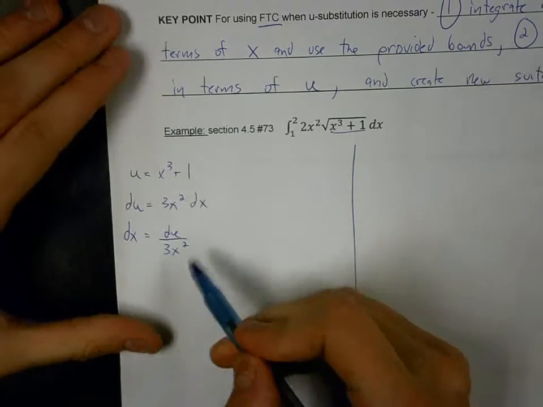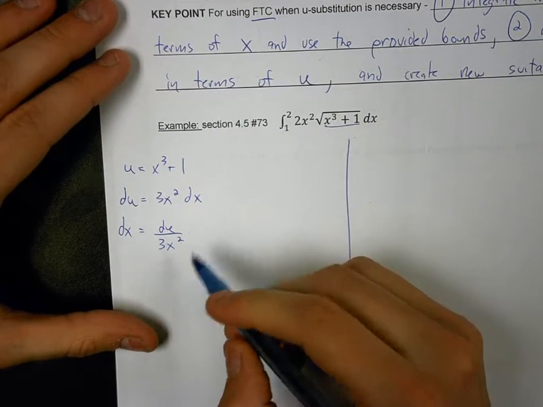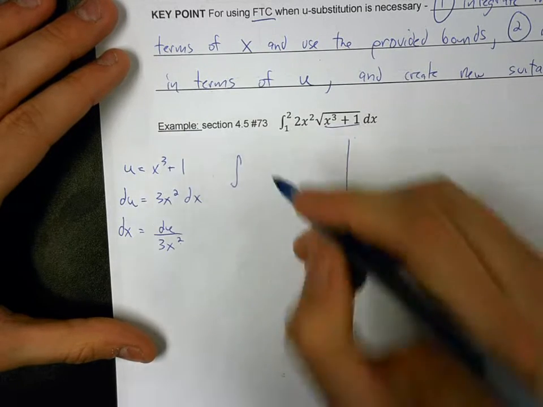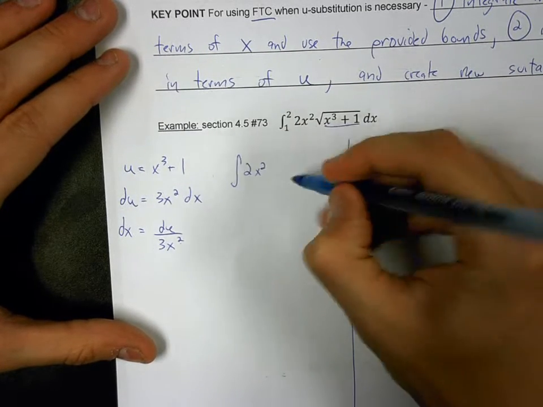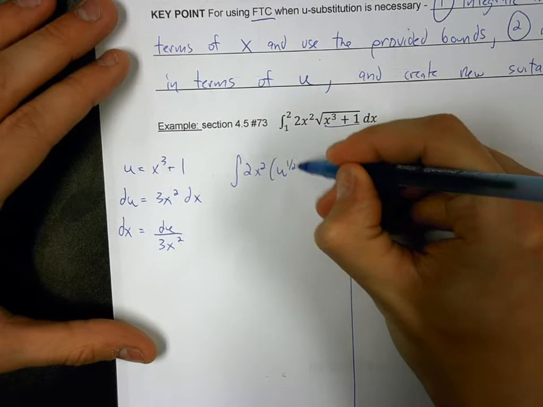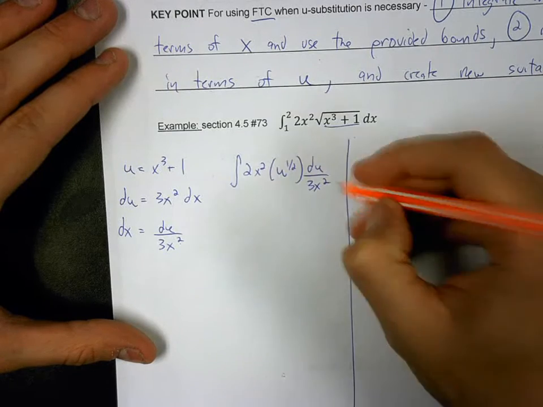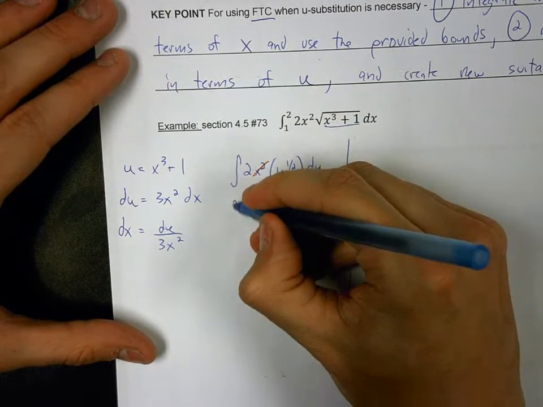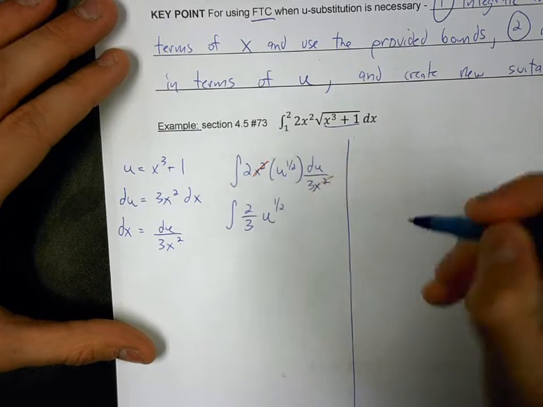And hey, good sign. 3x squared here, 2x squared there, the x squareds are going to cancel. So let me go ahead and write the integral of 2x squared, this is our new u, so it's going to be u to the 1/2 times du over 3x squared. Okay? The x squareds cancel. So we're left with the integral of 2/3 u to the 1/2.